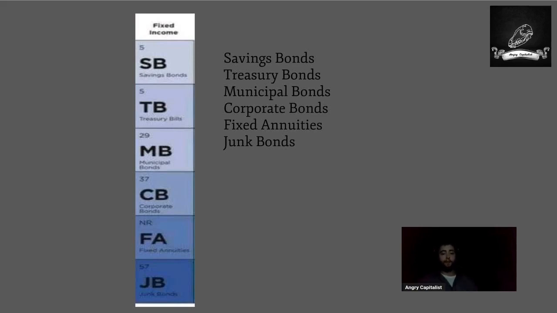So oftentimes people will look at the fixed income asset class as very boring, or, oh, that's for old people, it's for old fuddy-duddies. You're effectively becoming the bank, is the way I like to think about it. You hold someone's debt. They owe you. This is kind of like being a legal loan shark, if you will.